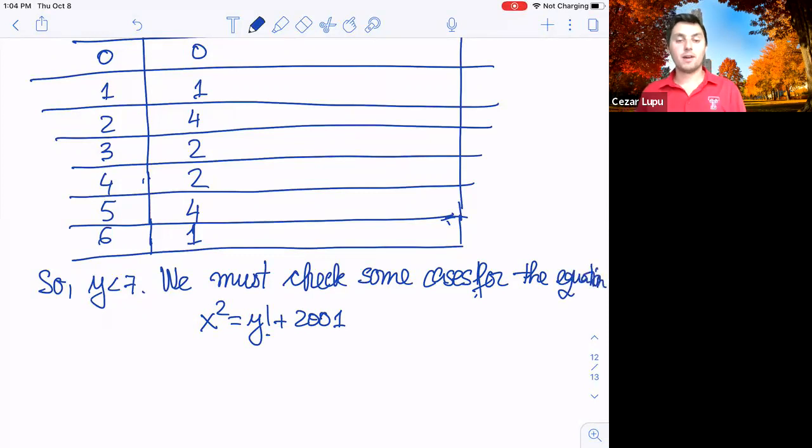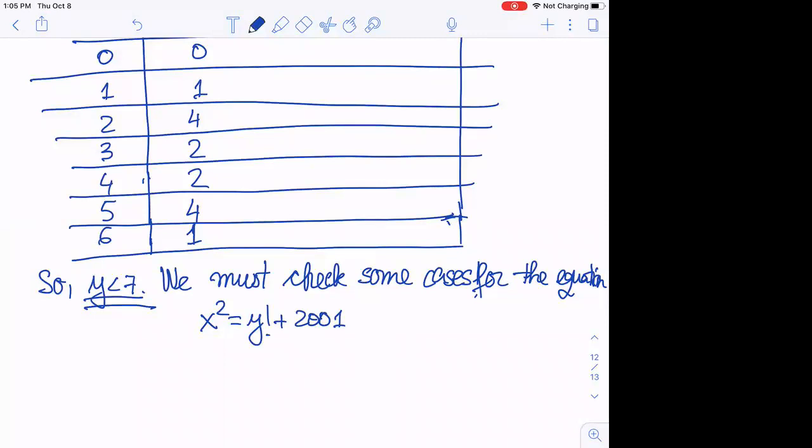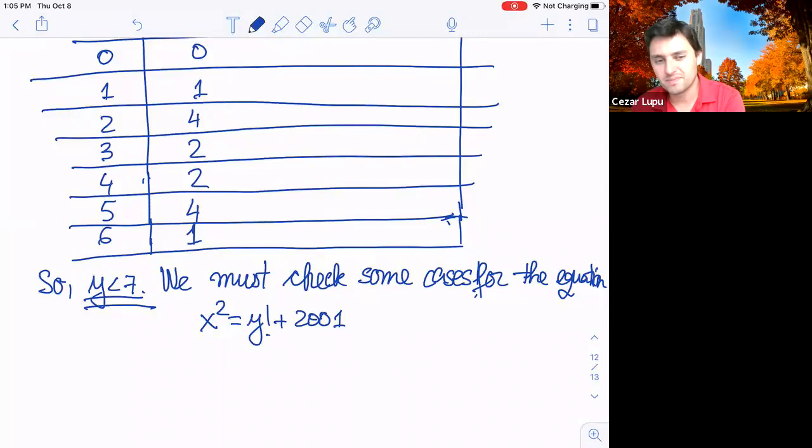At this point I have finitely many solutions for this equation, so I have to put my hands on some of them and see which one works and which one doesn't work. This is what I have to do.